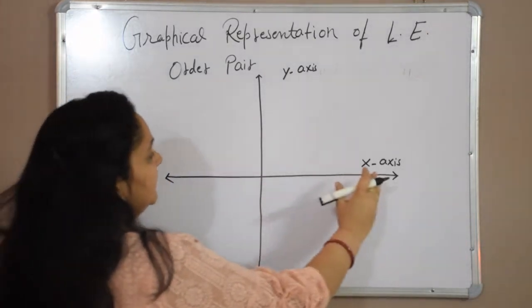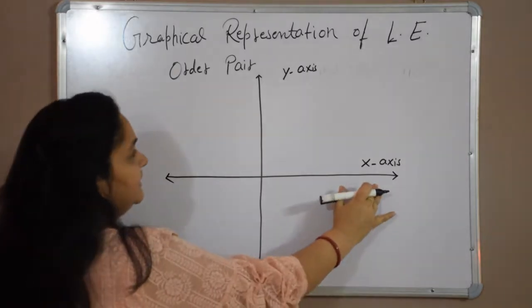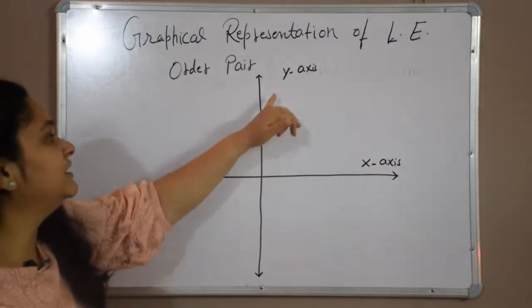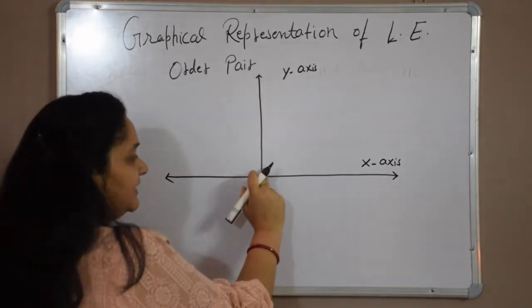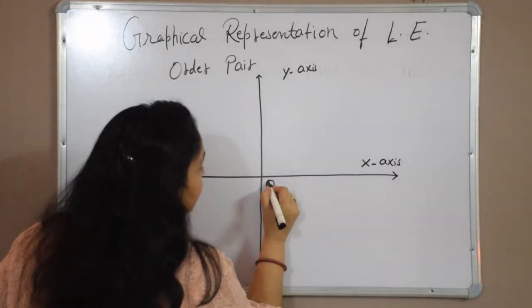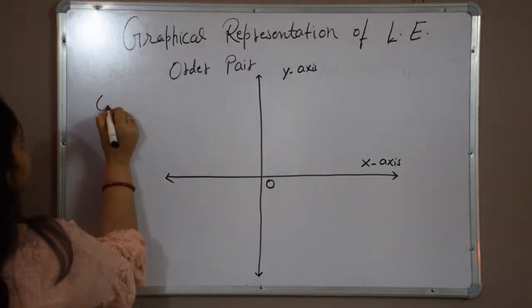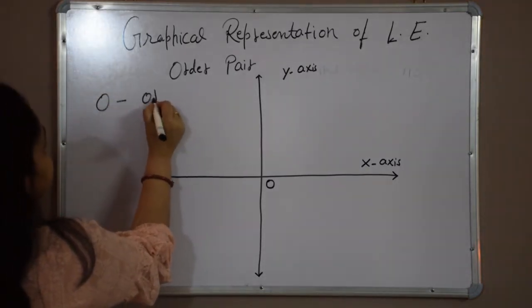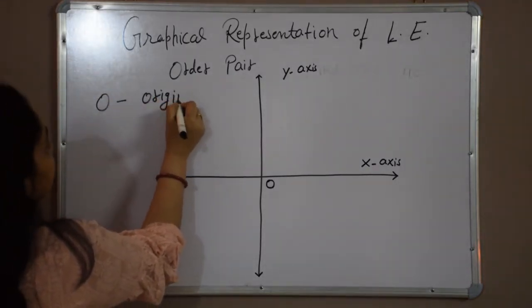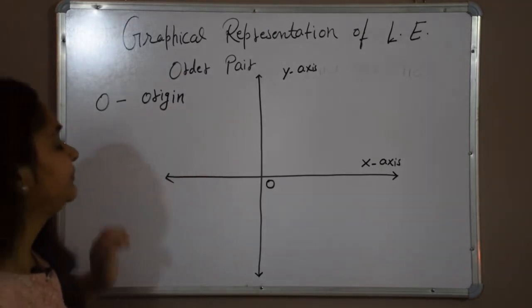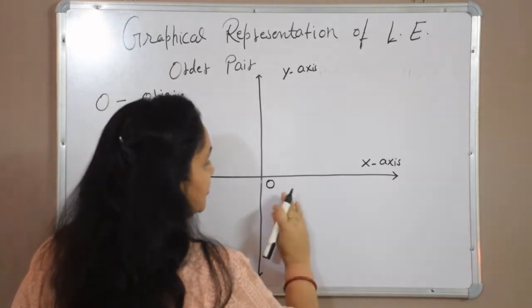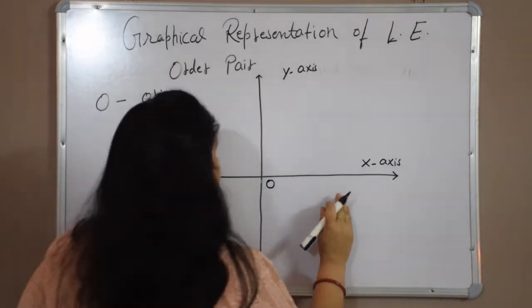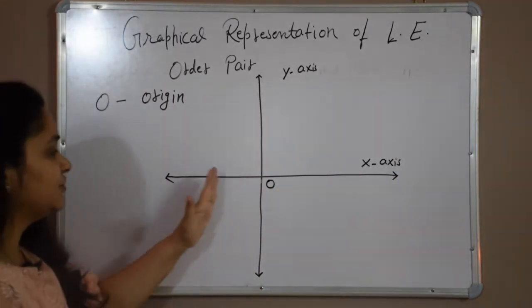Now these two lines, this horizontal line is called x-axis and vertical line is called y-axis, and they intersect each other at the point O. This point O, where these two lines intersect, is called origin. And one more thing, this side is positive direction of x-axis, this is negative direction of x-axis.